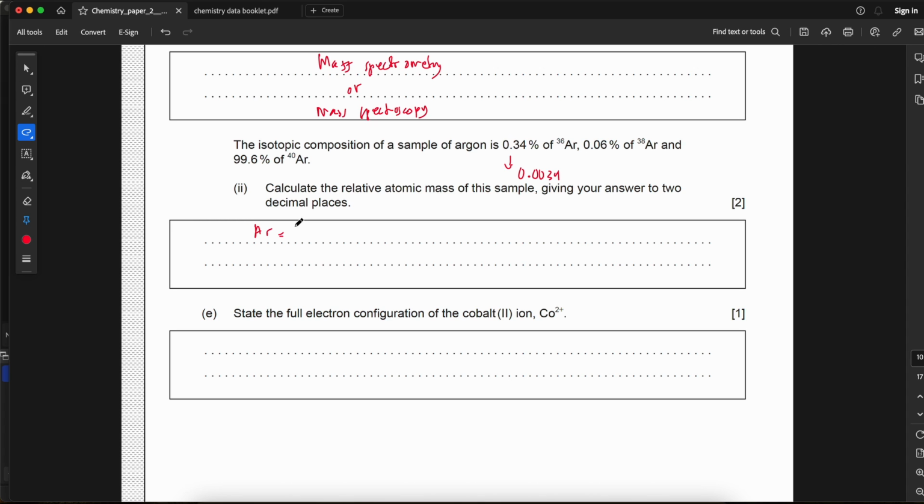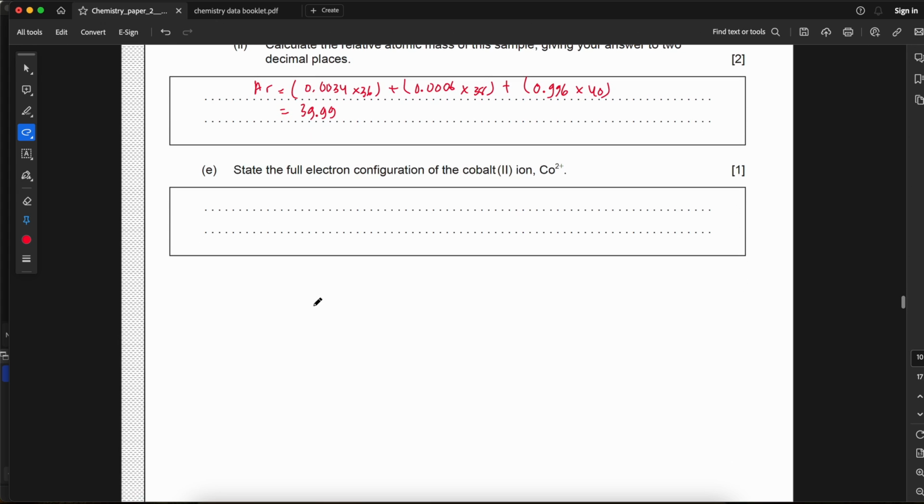That would be 0.0034 times 36 plus 0.0006 times 38, this divided by 100, this also divided by 100, times 40, plus 0.996 times 40. You will get 39.99. State the full electron configuration of the cobalt 2+ ion.